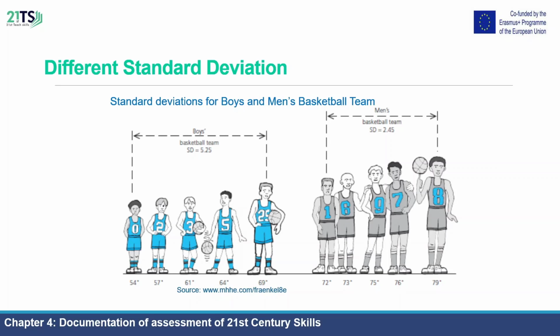The men's baseball team standard deviation is a small value, and the boys baseball team standard deviation is a high value. So the higher the standard deviation, the more varied the scores among the teams. In other words, the smaller the standard deviation, the closer the differences among the group are, or clustered.